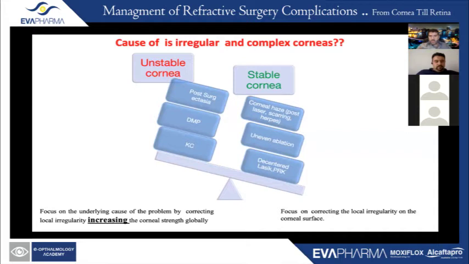And the other complication is uneven ablation. For example, if you leave a wet surface, so you do a masking when you are performing PRK. The other problem of PRK is that you can induce a post-surgical ectasia, or if you do not have the knowledge of Renato Ambrosio about ectasia, you can also sometimes do a PRK on a cornea with a forme fruste keratoconus or with a pellucid marginal degeneration.